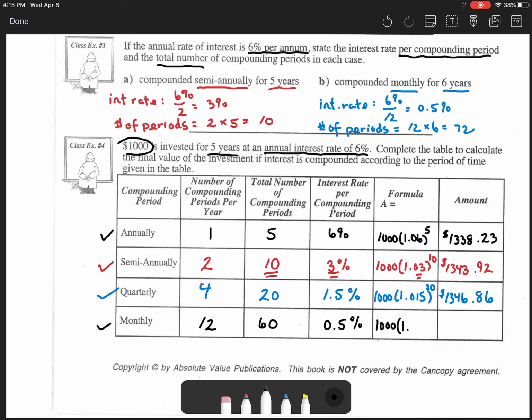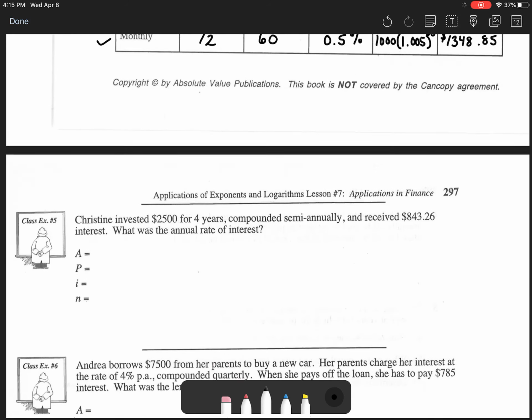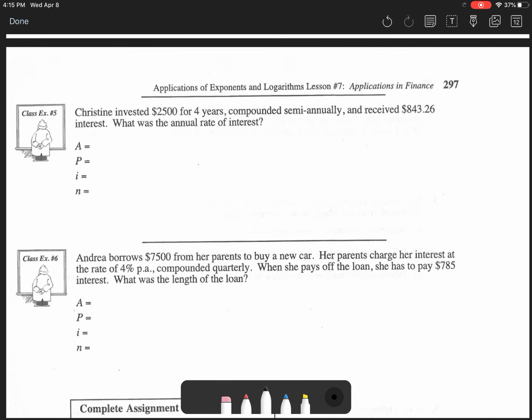So in my equation now, this is going to be 1.005 to the exponent of 60. So calculate that, 1.005 exponent of 60 times 1,000, and I get a total of $1,348.85.